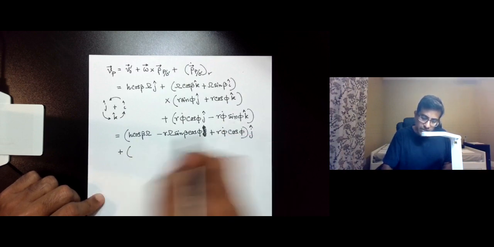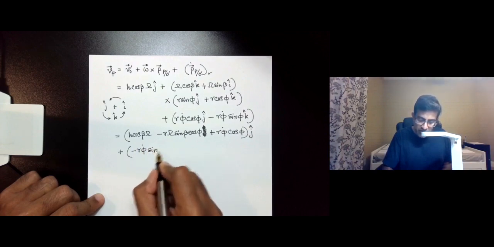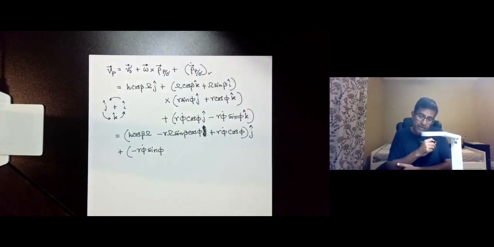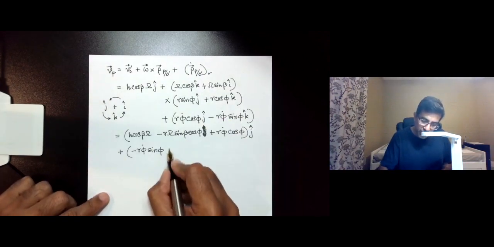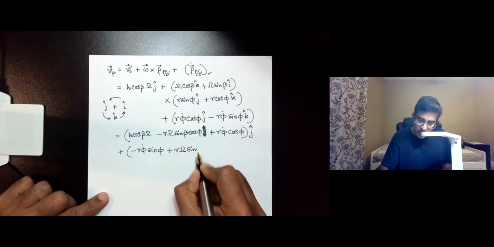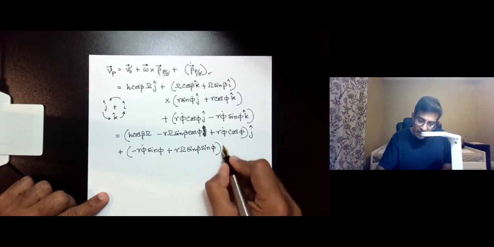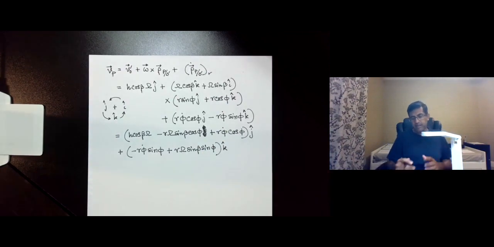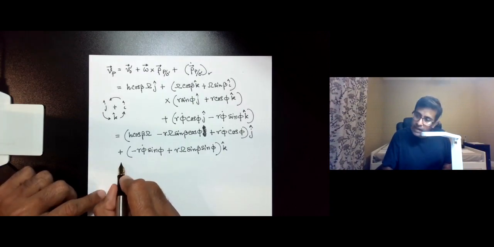So we have this term that has k in it, so negative r phi dot sine phi, that has a k. This i cross j is going to give me a k, so I have plus small r omega sine beta sine phi, and that's the k terms, the terms in the direction k.